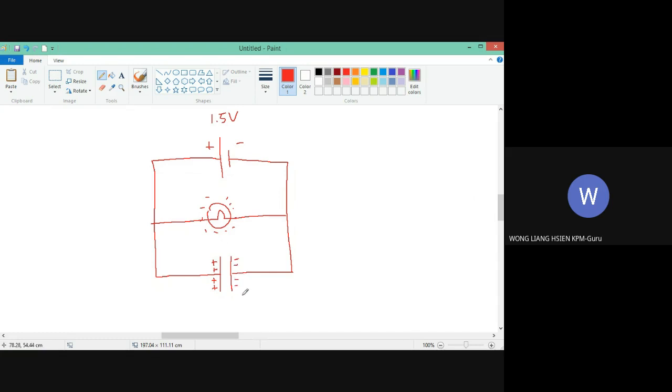The potential difference between the two metal plates will also be 1.5 volt, produced by the difference in charge between the positive plate and the negative plate.